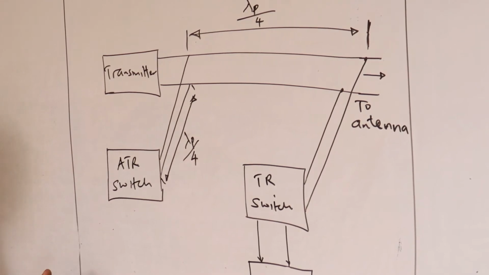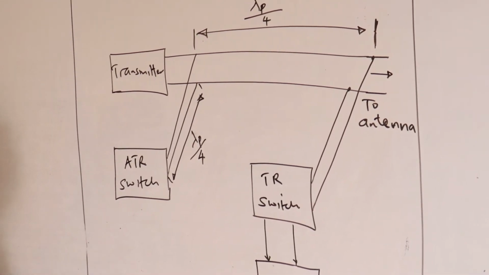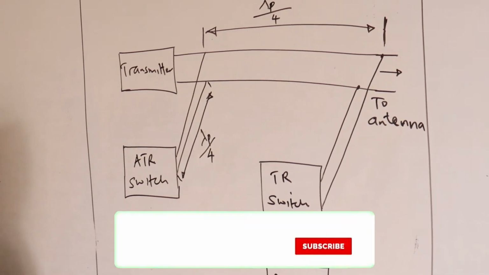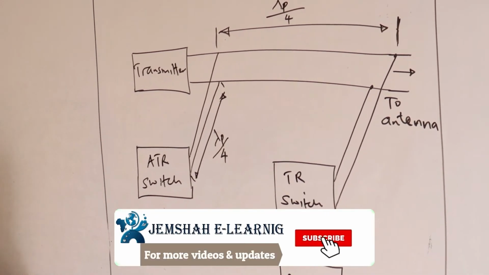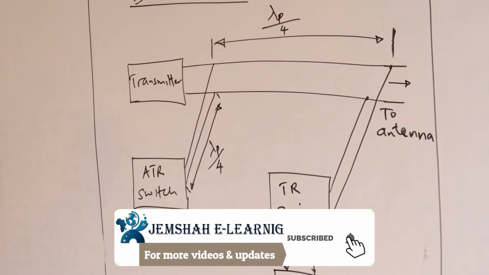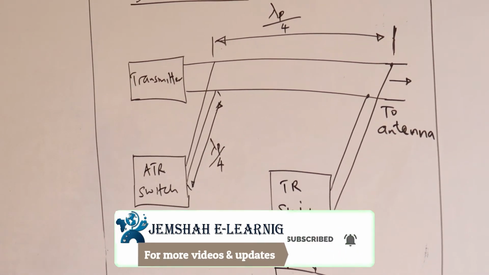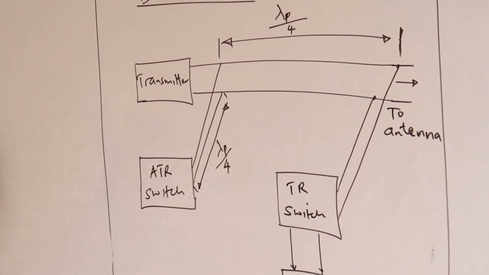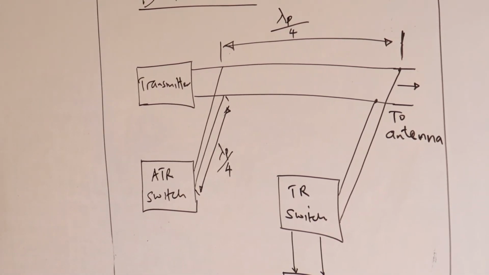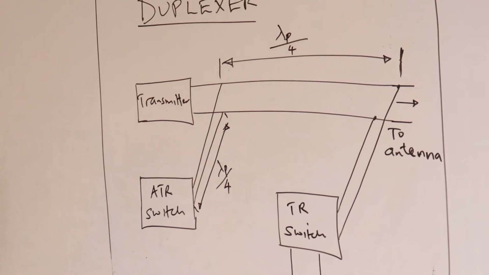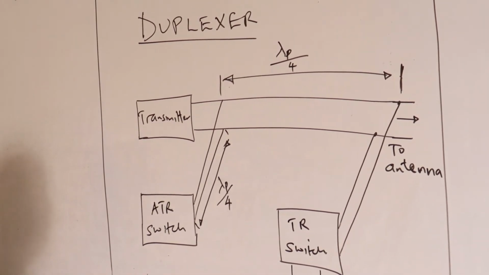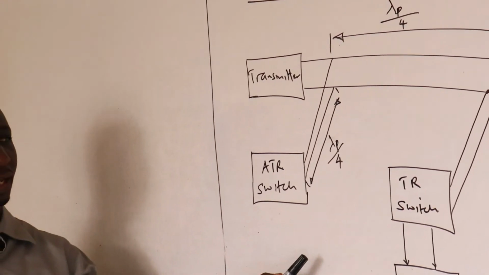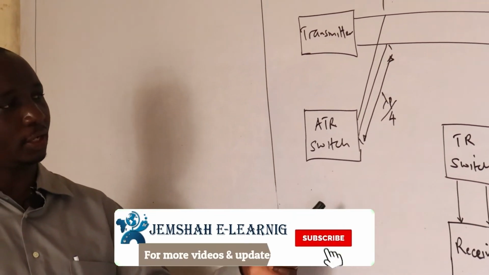But there's something good about this: it has the advantage of giving us the opportunity to use the same antenna. It's basically similar to the circulator we studied earlier, so it operates nearly the same way. When we send a transmit pulse, the TR switch short circuits.